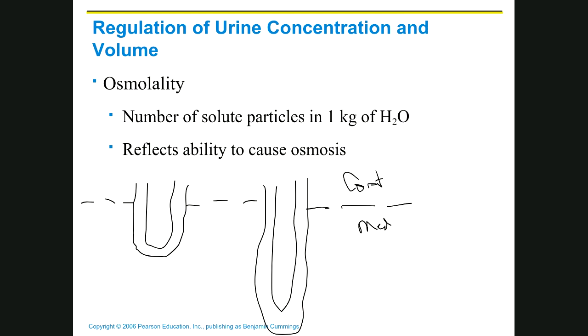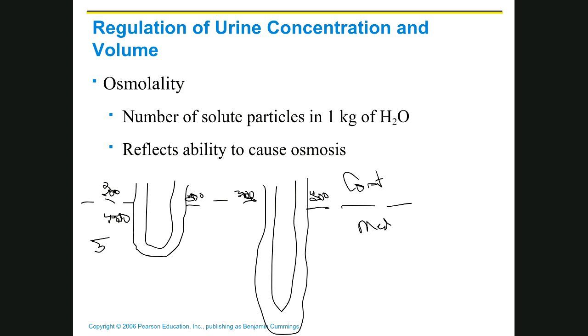Well, if we look at how salty the fluid is here, it's 300, 300, 300. But remember, when you get down into the medulla, the deeper you go, the saltier it gets.